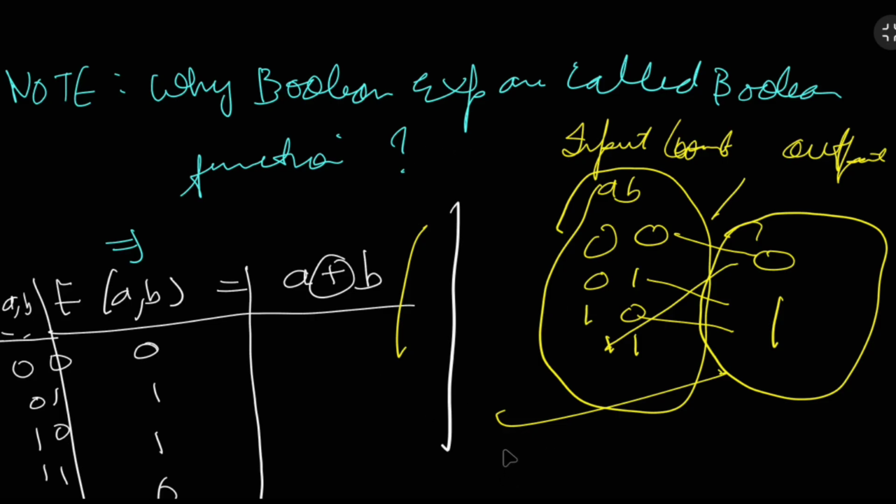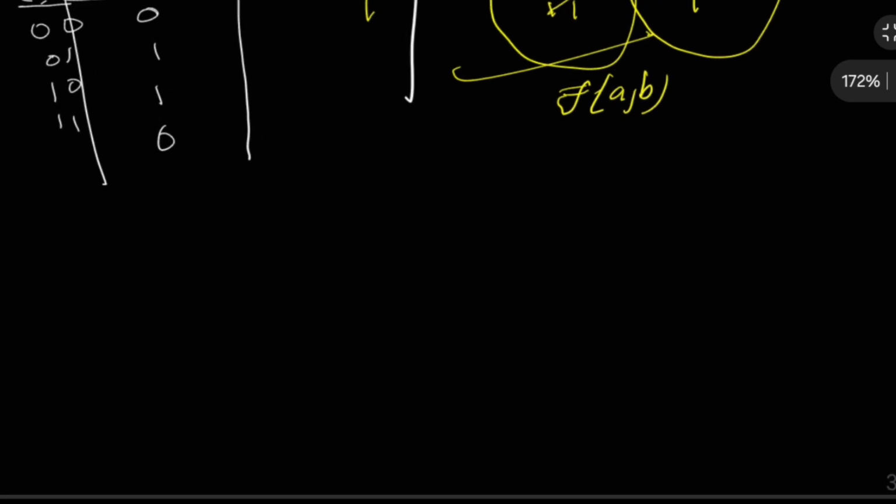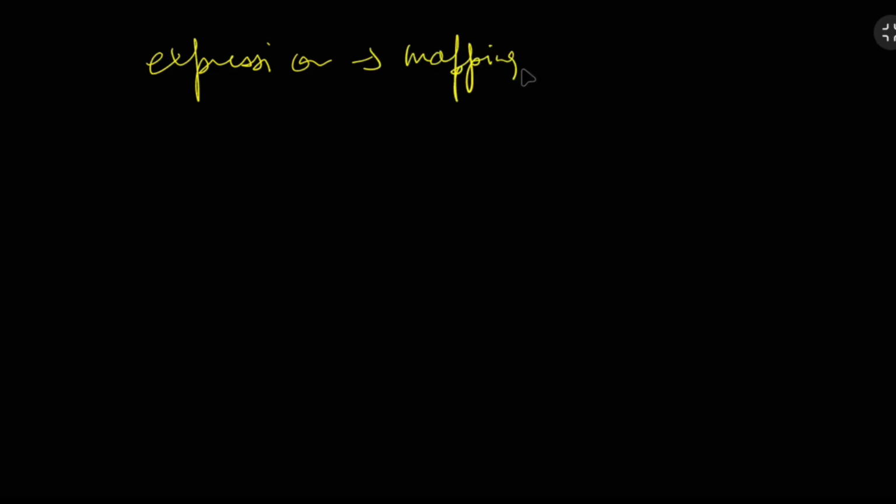F of A comma B. Input combination works as domain of the Boolean function and output works as codomain. And who will work as mapping? The expression itself works as the mapping of the Boolean function.